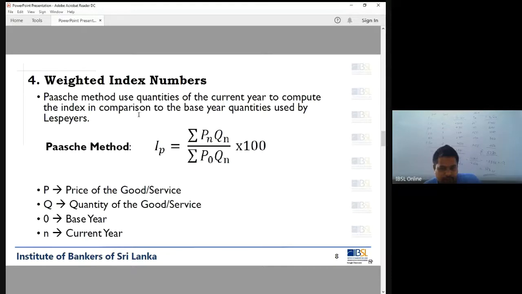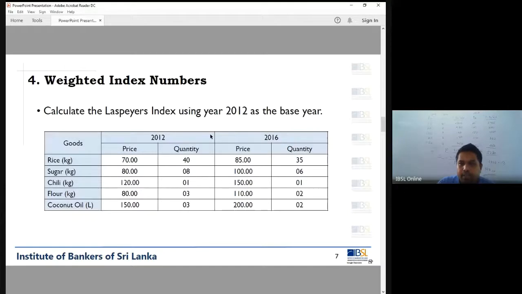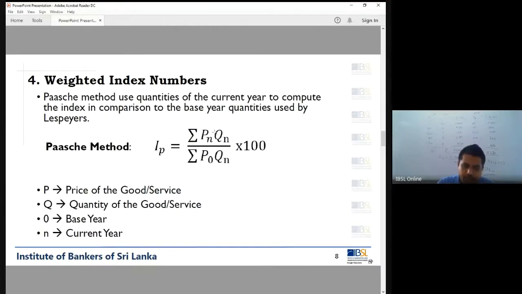For the Paasche method, forget the quantities in the base year; rather you take the quantities of your year of interest or the most recent year, and do the sum product for the price difference from year 0 to year n. For the same example that we had for 2012 and 2016, let's do the same index computation using the Paasche method for you to get a grip. Okay.